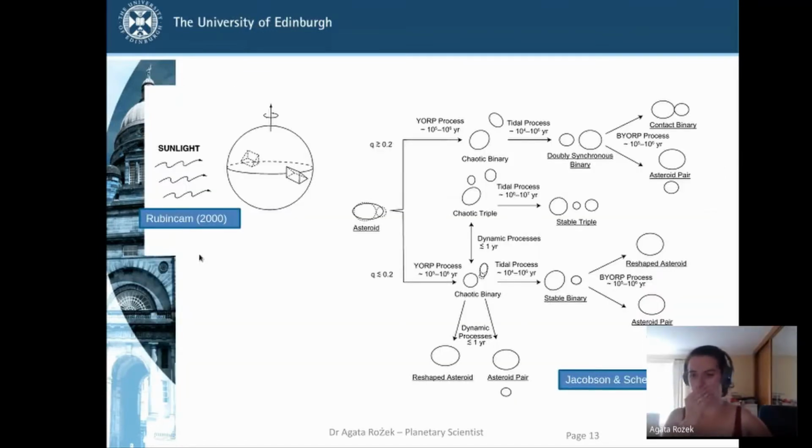Another thing that YORP can cause, and another type of morphology that we observe among asteroids, and this is again an awfully complex and unnecessarily complex graph showing what can happen to an asteroid after it's spun up quickly. So the morphology that it can lead to is called contact binaries.